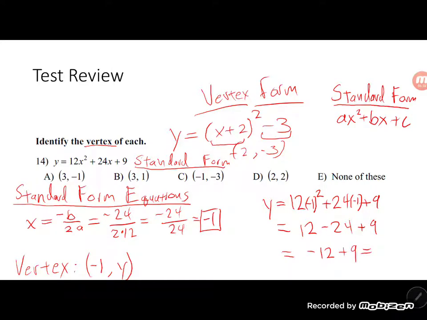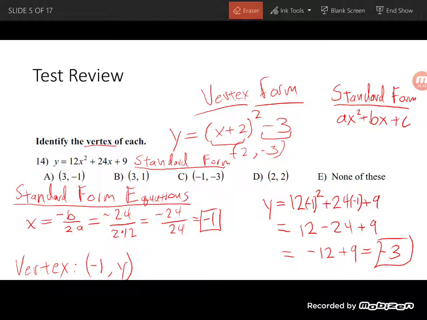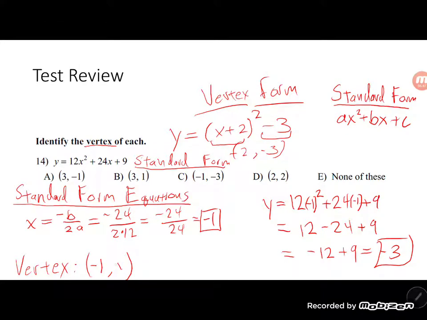And then -12 plus 9 is going to be -3. So I see that my answer would be a vertex of -1 and then a y value of -3. Okay, so I would select that one for my answer.